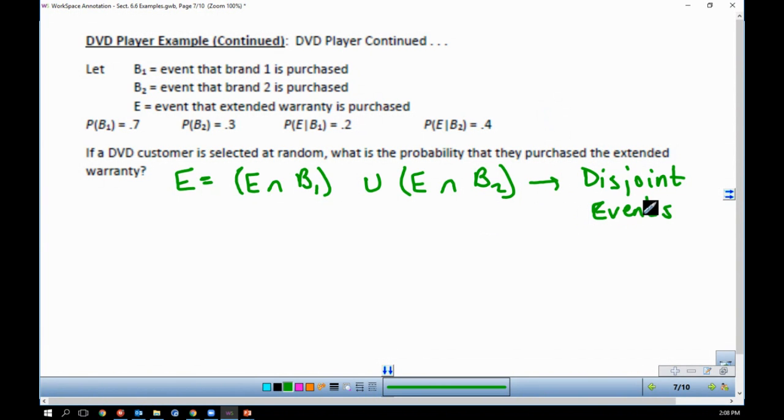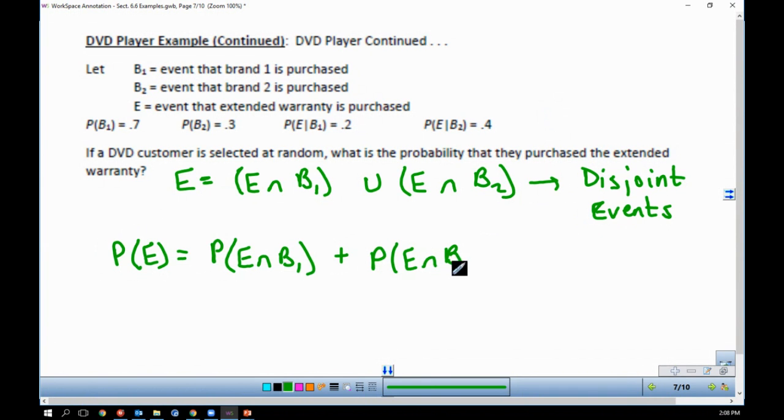So, let's use the formula that we just learned. Probability that E occurs is the probability that E and B1 occurs, plus the probability that E and B2 occurs.